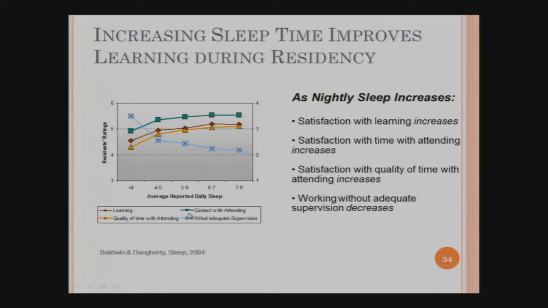Interestingly, the quality of time and perceived contact with the attending is much less in the less than 4 hours category, and that increases as you get more sleep. Objectively, it's probably not different for those residents, but subjectively they feel like they have less contact with the attending. I think that's a little interesting.